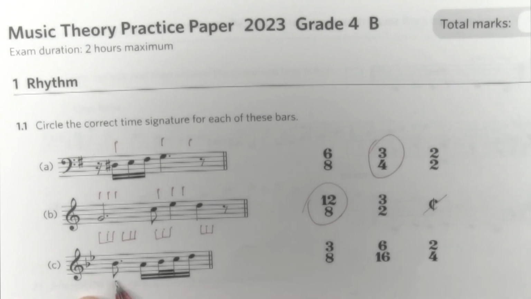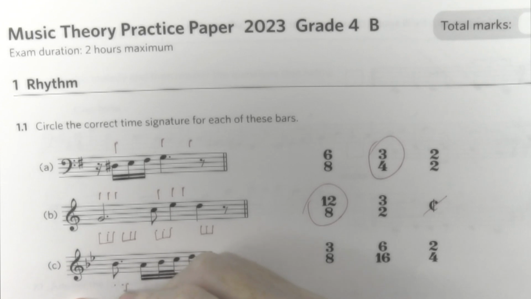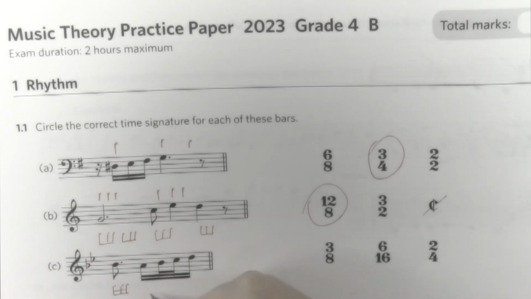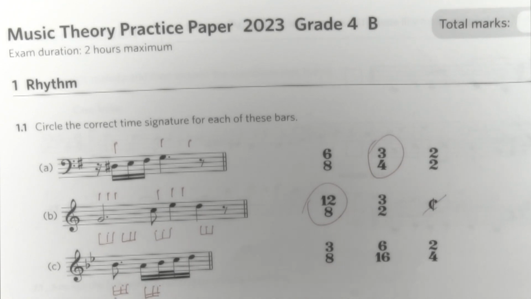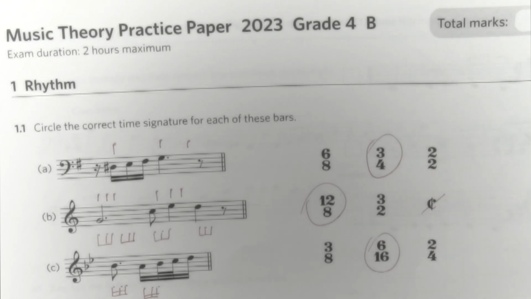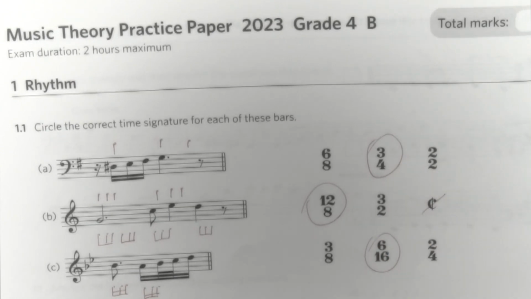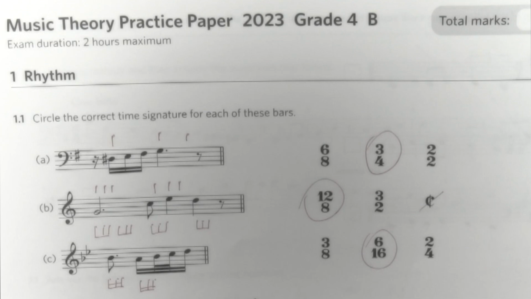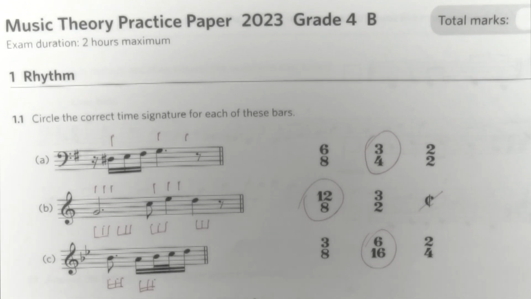We have a short value as a counting value. We have definitely 3 semiquavers and 3 semiquavers. Look, 1, 2, 3 here, 1, 2, and 3 here. We are in 6/16. Perfect. Done. I hope it was useful. Sorry for the confusion about the second, but I think it is 12/8.